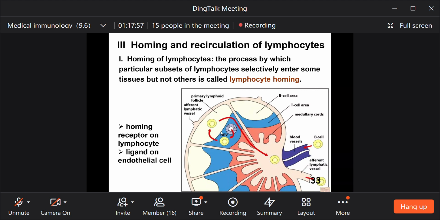They must go out of there. They will go to the lymph nodes or spleen by blood vessels. They arrive at the lymph nodes and the spleen. This process is named homing. The key point here is the HEV.